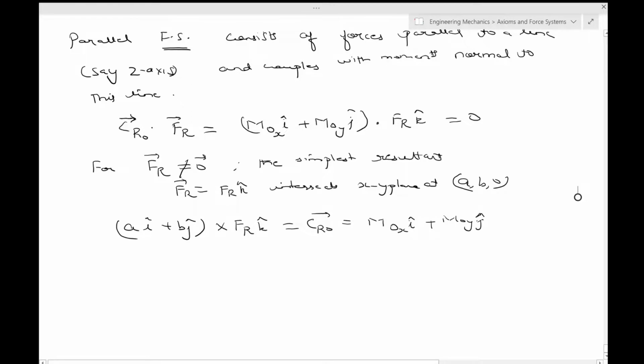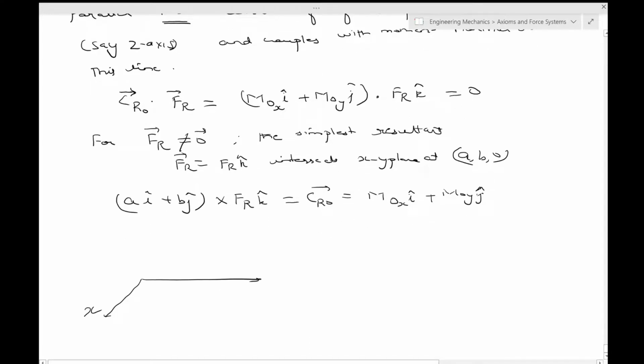So let me draw this, so that it becomes slightly clear. Let me have the XY axis first. X is over here, okay. So the forces are parallel to the z-axis. So this is the z-axis.